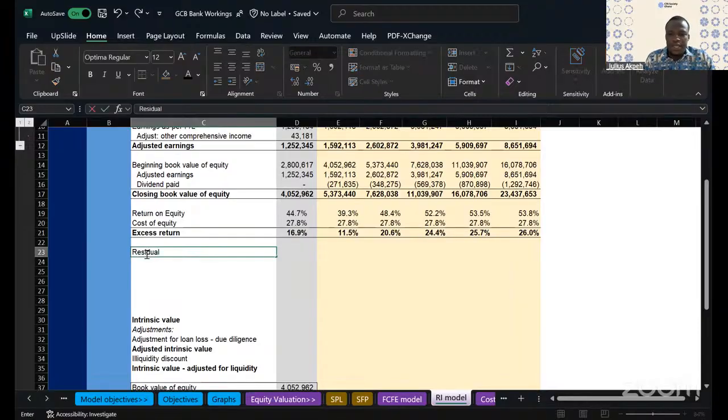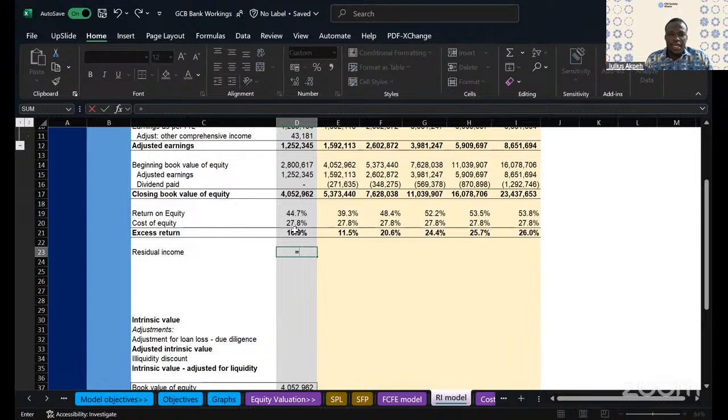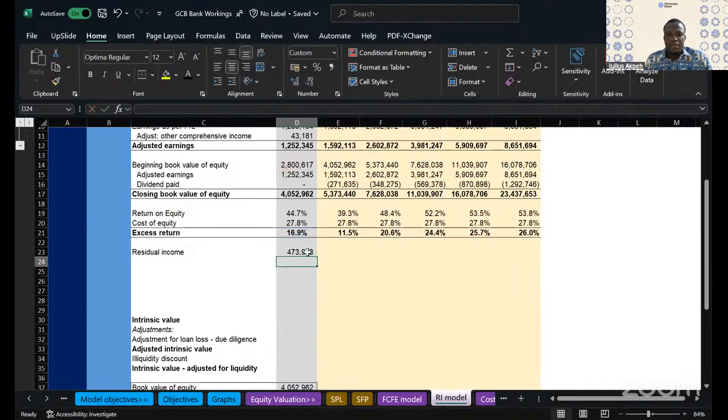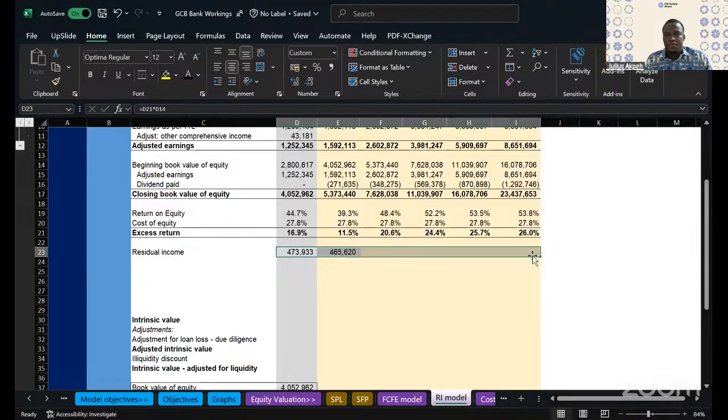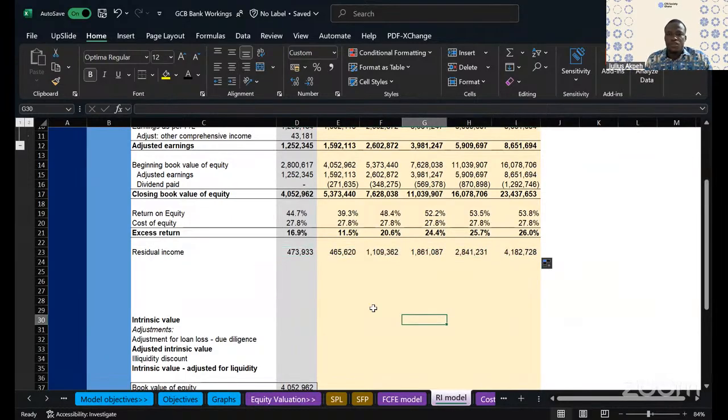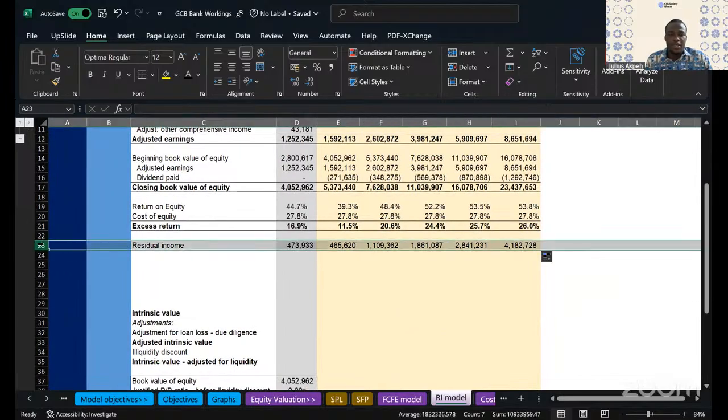So our residual income would then be the excess return, which is the return on equity minus cost of equity, multiplied by the beginning book value of equity. So we have that. Beginning book value of equity. So this is all we have as a residual income.